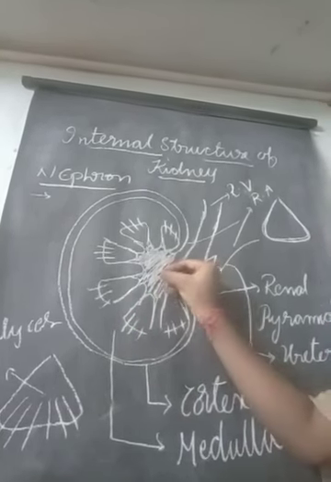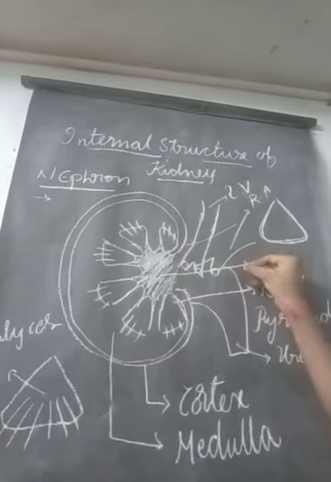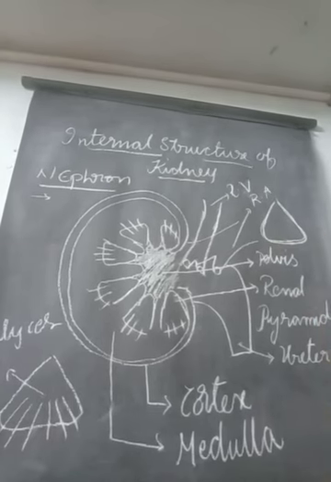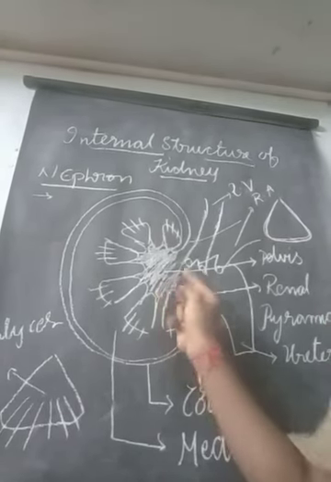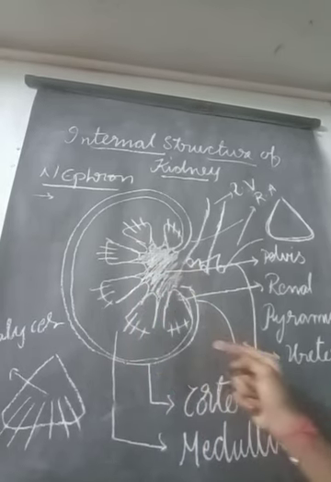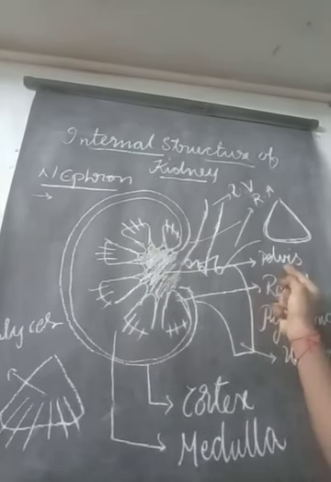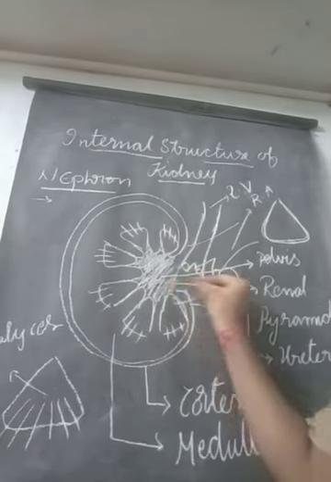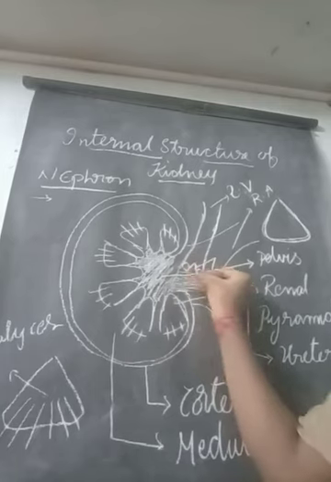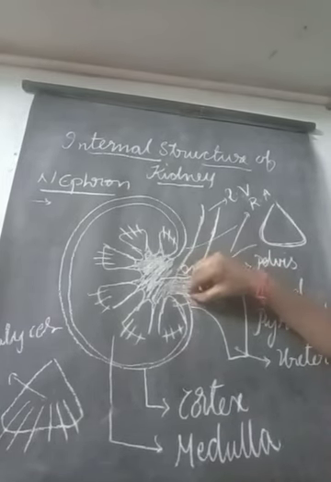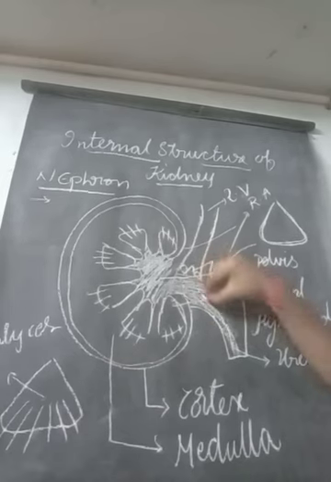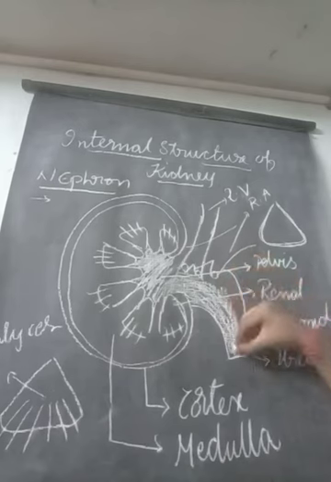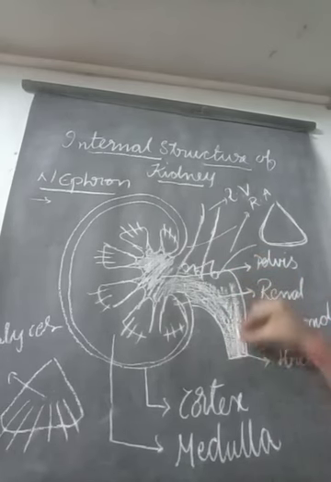That middle zone is called pelvis. Pelvis is the opening to the ureter. From the pelvis comes the opening of our tubule called ureter.